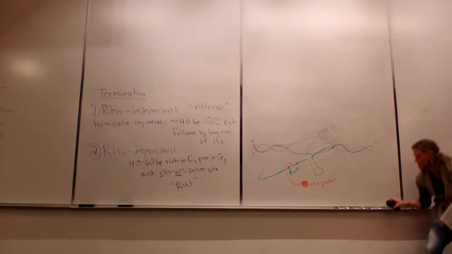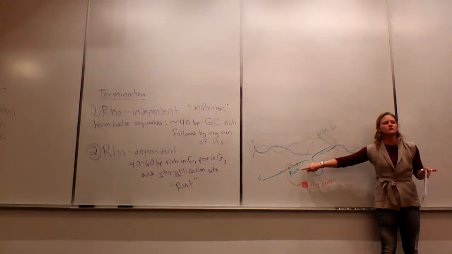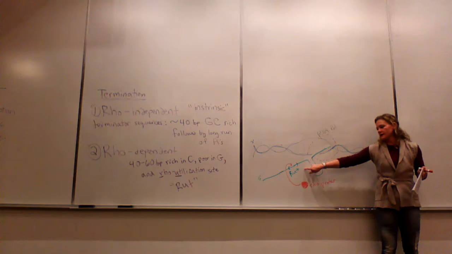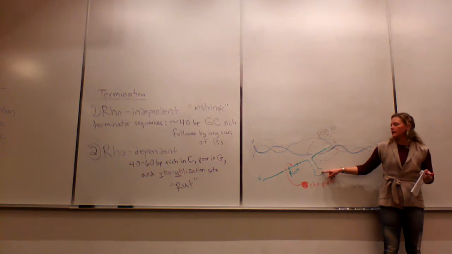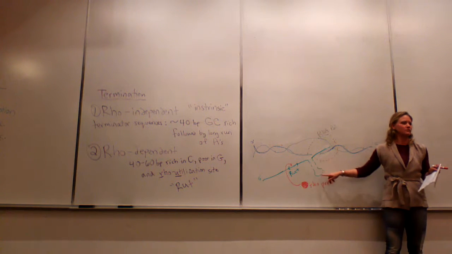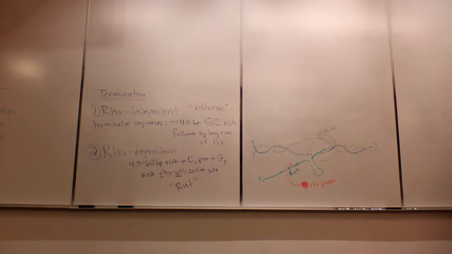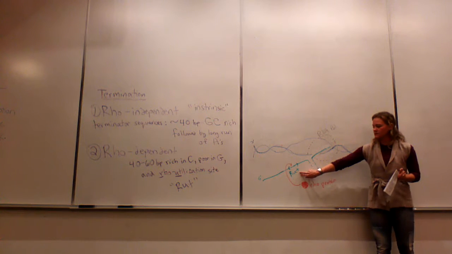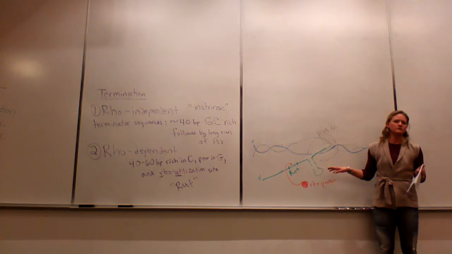And the Rho utilization site, that RUT sequence, is conveniently always located slightly upstream, the way I drew it, from an area that RNA Pol generally pauses at. Like this stem loop region, like we showed before. The RUT sequence is always located a little upstream from a site where RNA Pol is going to pause.